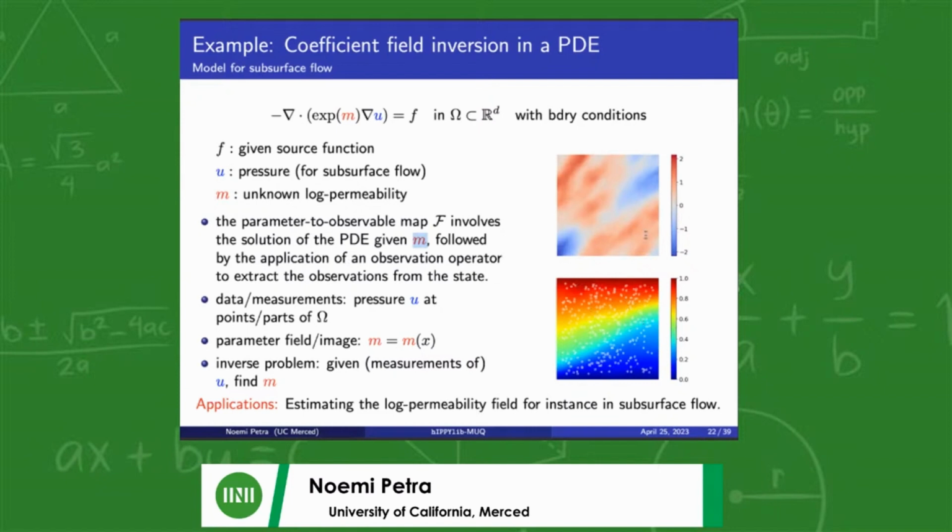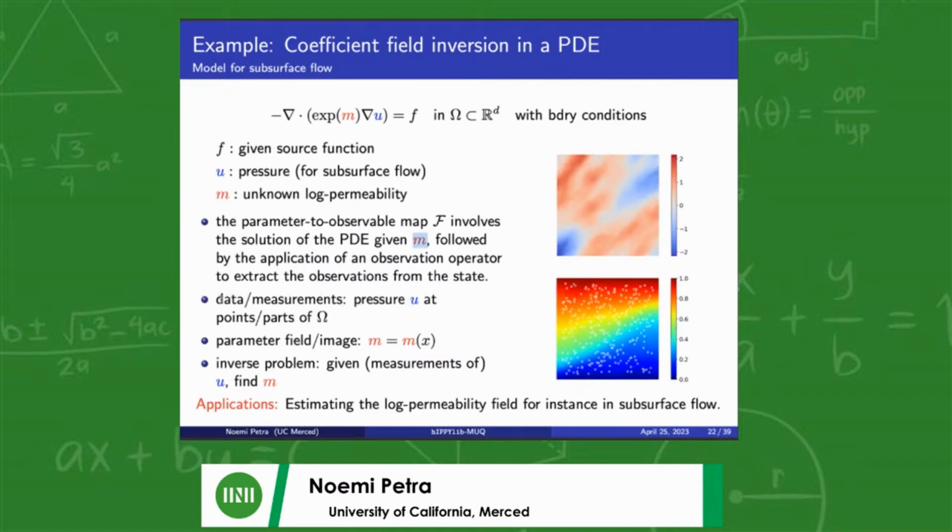On the top, I show a possible parameter field. And then on the bottom is a solution. The color shows the solution of this Poisson problem. And then we take that solution, we apply an observation operator to get these pointwise measurements and add some noise. Basically, this is how it goes.